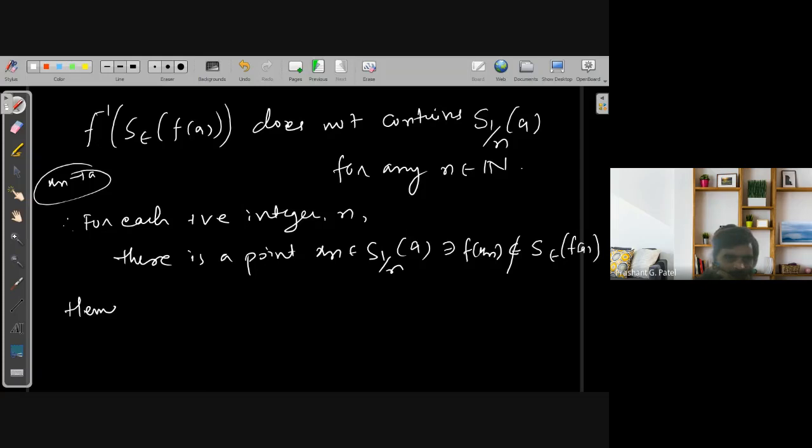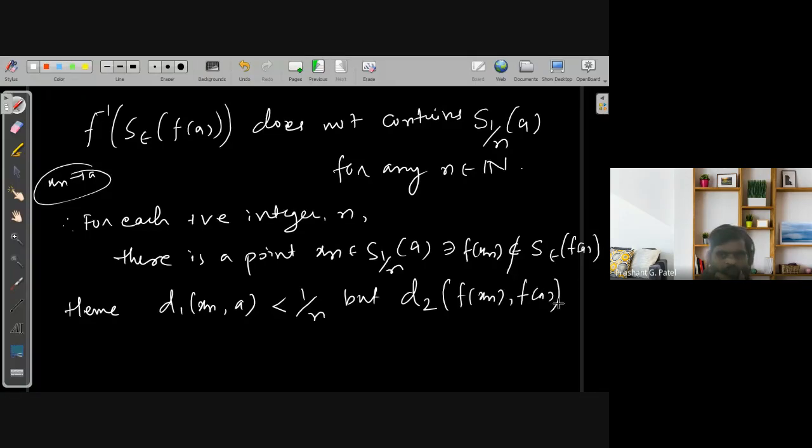And hence d1 of xn comma a will be less than 1 by n, but d2 of f of xn comma f of a is greater than epsilon, due to this statement, which is a contradiction with xn converges to a implies f of xn converges to f of a.